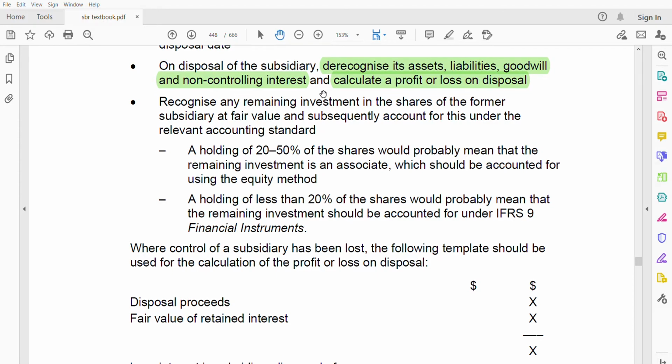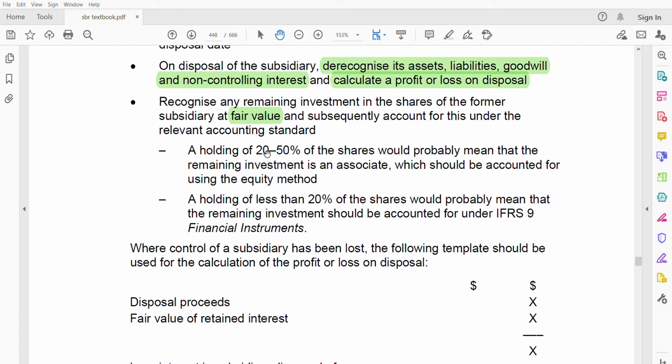Recognizing any remaining investment in the shares of the former subsidiary at fair value. So if there is any remaining investment in the former subsidiary, that means after losing the control, that has to be at fair value. And subsequently account for this under the relevant accounting standard.